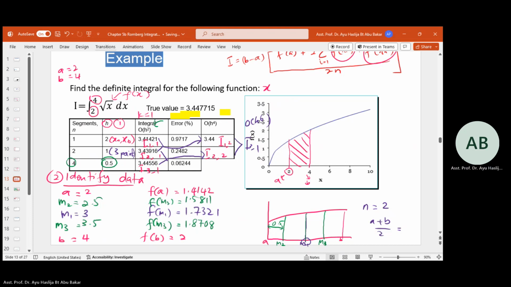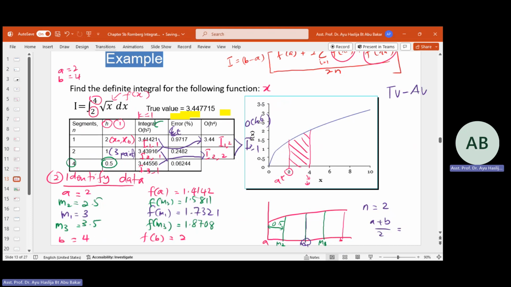Okay. Sorry. Error here is the true error. ET, true error, is the TV minus AP over TV, times 100%.